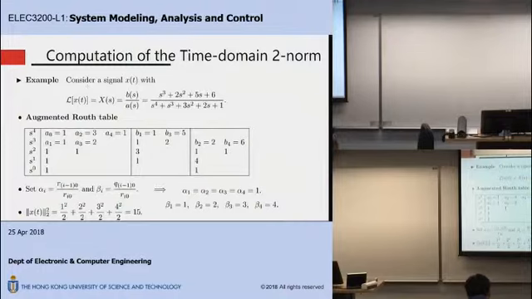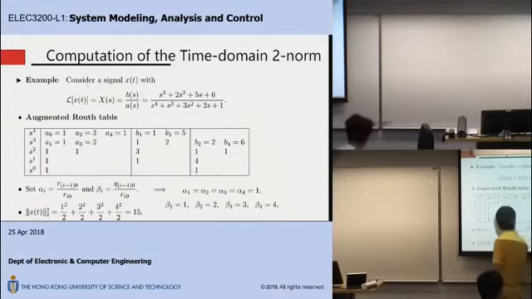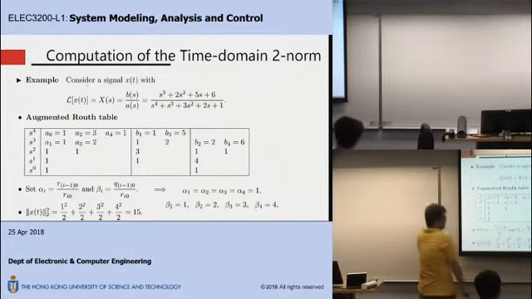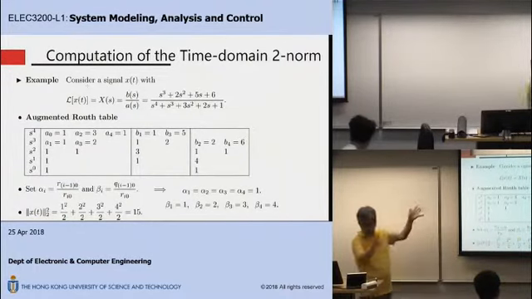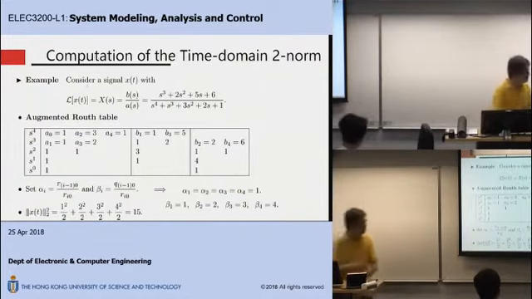After you get this 4, you move this over to here. So this one is actually moved from there. It's not from this kind of computation. Okay? Now, you complete the augmented Rouse table.